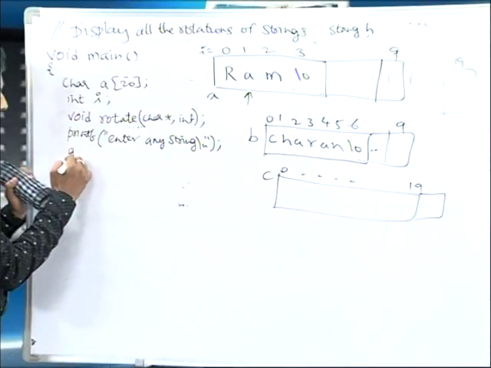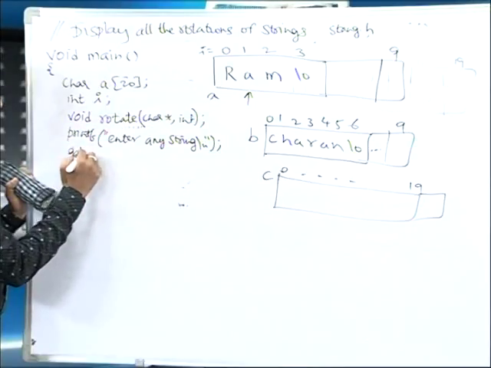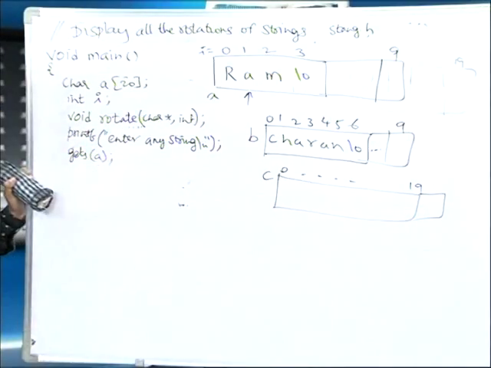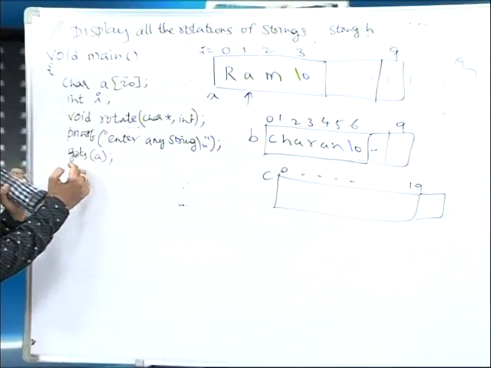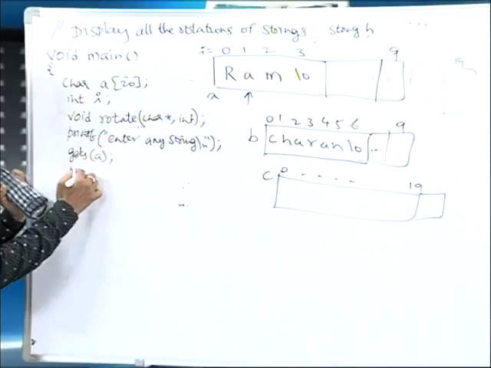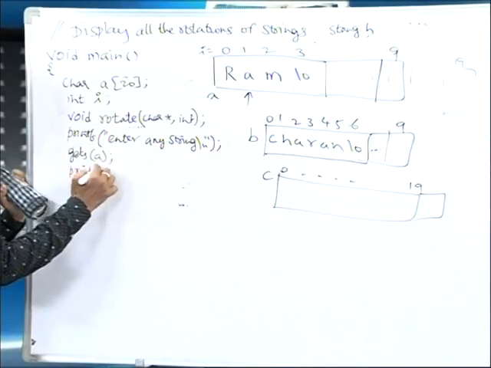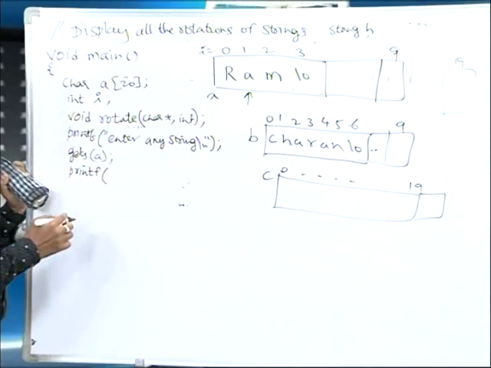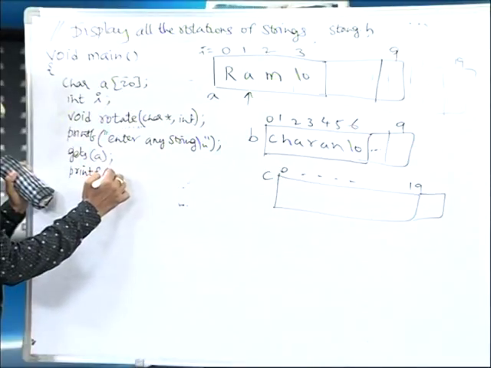That is simple, gets of a. Once we read the value, next we are writing the printf rotation is.